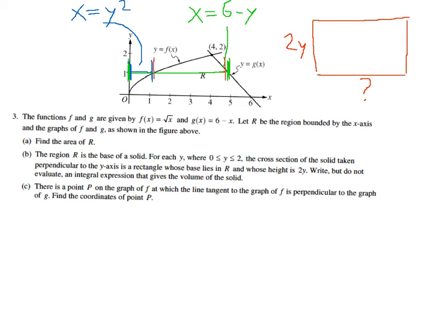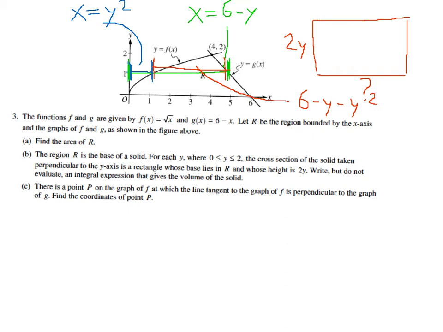The red should just be the difference between those two things. So this length, which I called question mark before, should be 6 minus y, the green, minus the blue, which is y squared.